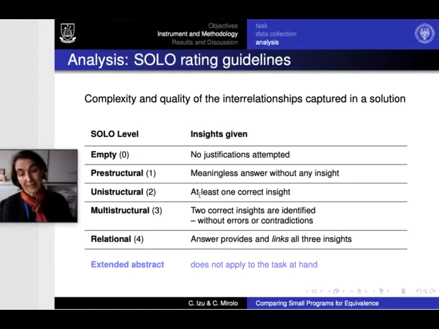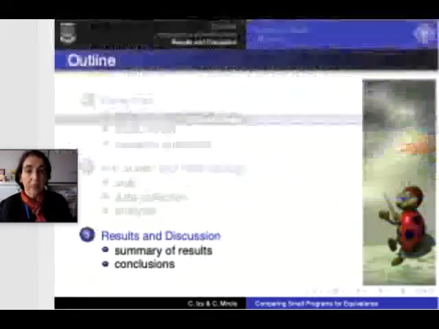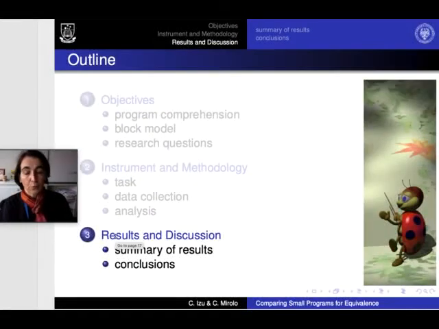If they can provide at least one correct insight, they're unistructural. If they can provide two correct insights, they're multistructural. And if they can provide the three insights and also relate them together, then they're working at the relational level. We also map their explanations into the block model.